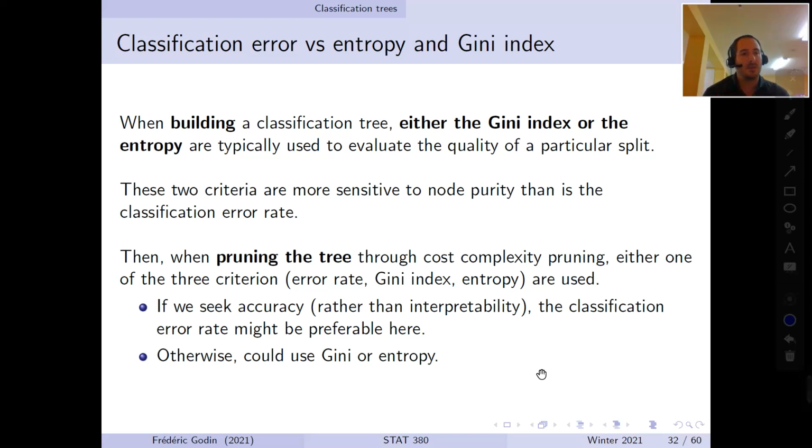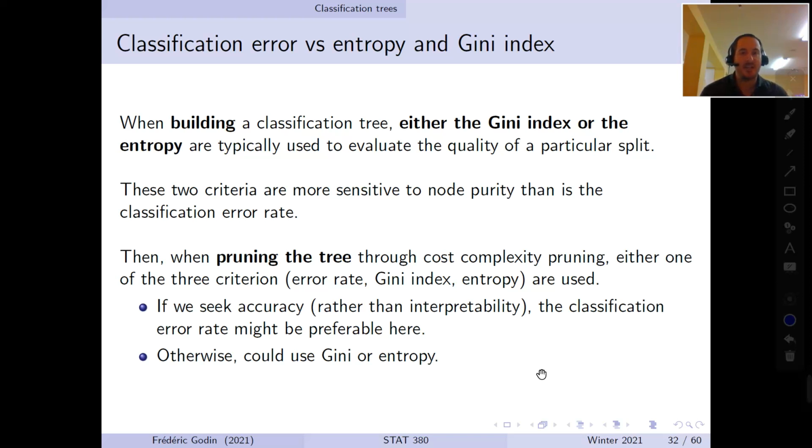Reducing the entropy leads to nodes that are as pure as possible, as homogeneous as possible, which we want. We like to come up with nodes where in this node all observations are of this class, and in this other node all observations are mainly from this other class. So this makes sense.